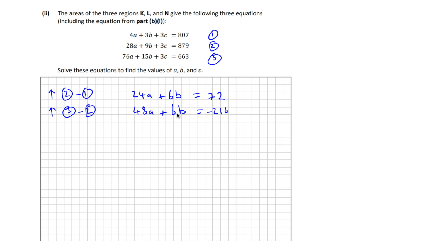So now we've got 2 equations with 2 unknowns in each. So this is going to be nice and easy. I'm going to subtract upwards again here. So 48a minus 24a, that's 24a. 6b minus 6b, they cancel. And minus 216 minus 72, that's minus 288.